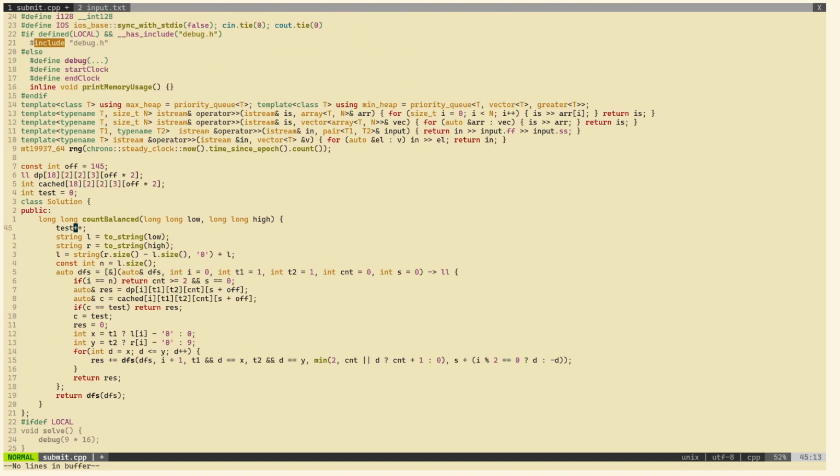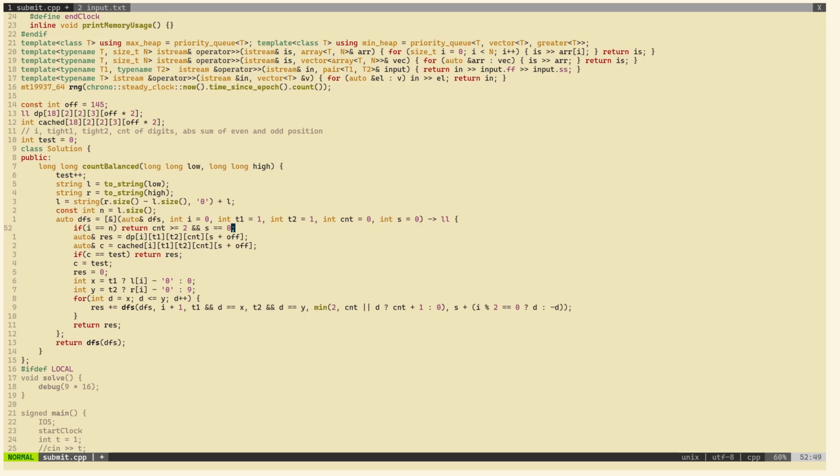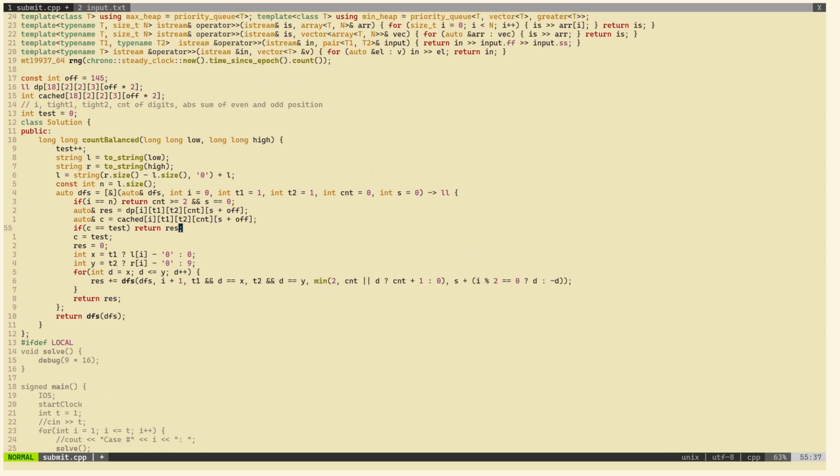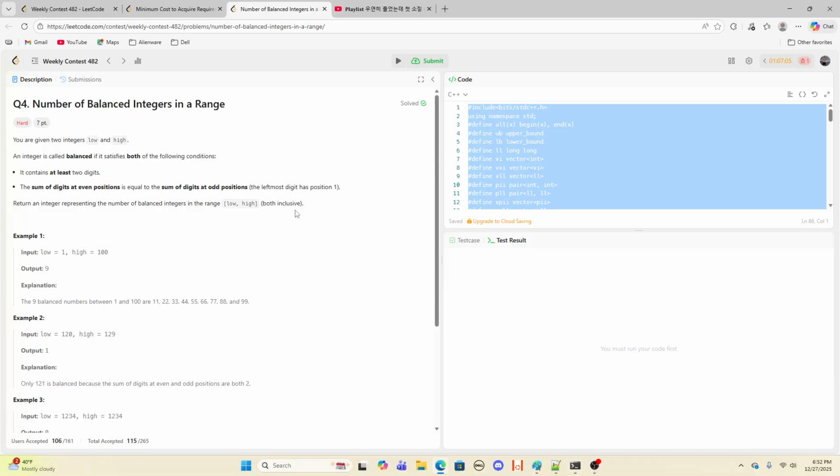So we are going to have the state of digits, I, type 1, type 2, count of digits, and absolute sum of even and, what is it, odd position. Yeah, and that's it. You just do it.